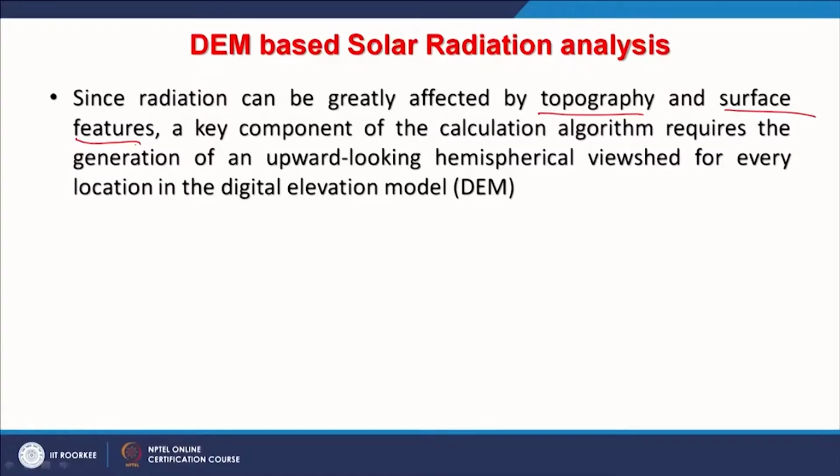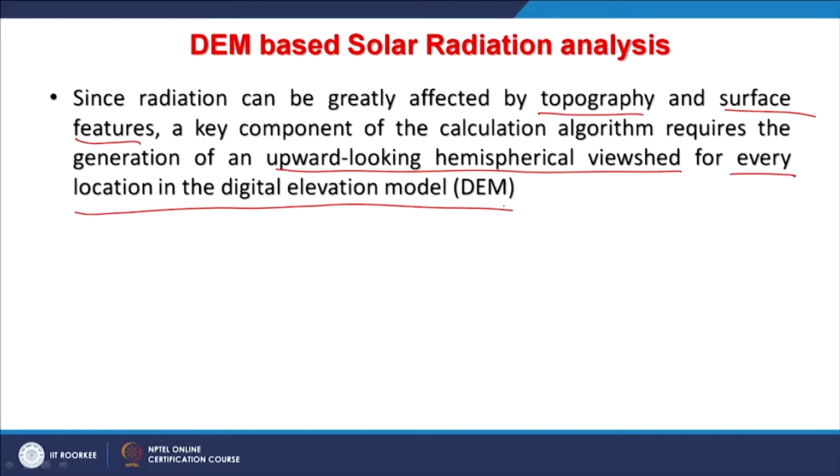Now, as we know, radiation can be greatly affected by topography and surface features, and therefore a key component in the calculation of this algorithm is the generation of an upward looking hemispherical viewshed for every location in the digital elevation model.